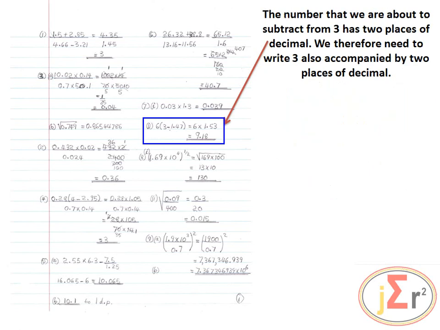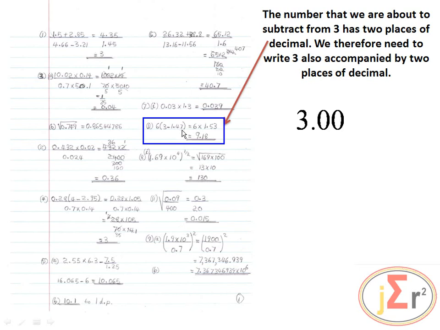The number that we are about to subtract from 3 has 2 places of decimal. Because of that, we will need to write 3, also accompanied by 2 places of decimal. We have 1.47, 2 places of decimal here.